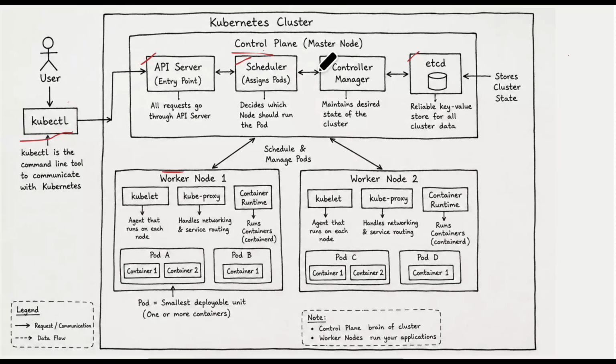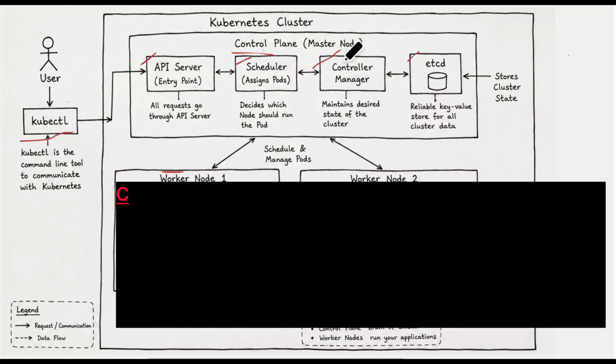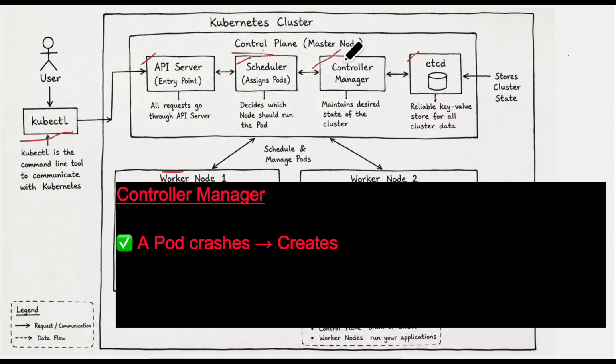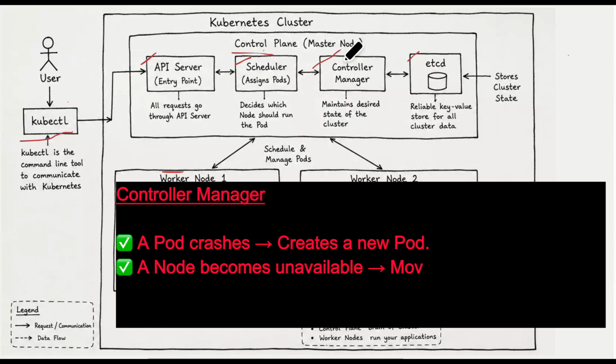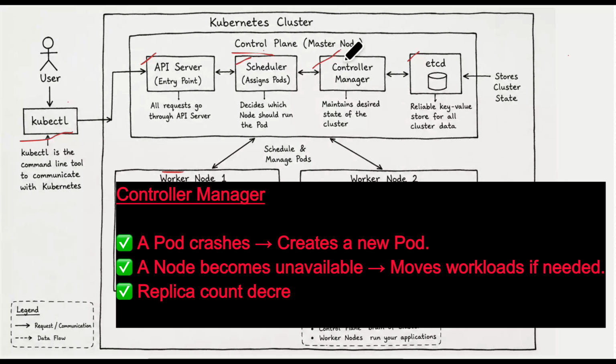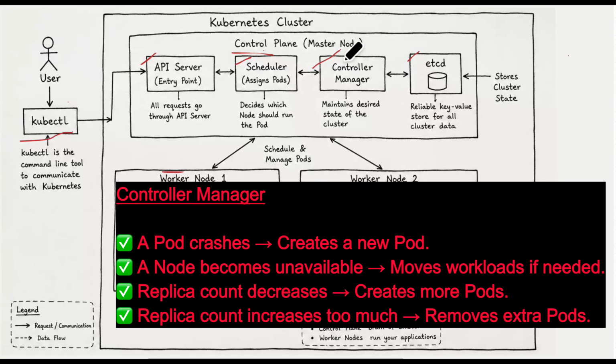Now next we are going to understand the controller manager. The controller manager is Kubernetes' automatic monitoring and correction system. It continuously checks whether the cluster is in the desired state or not.